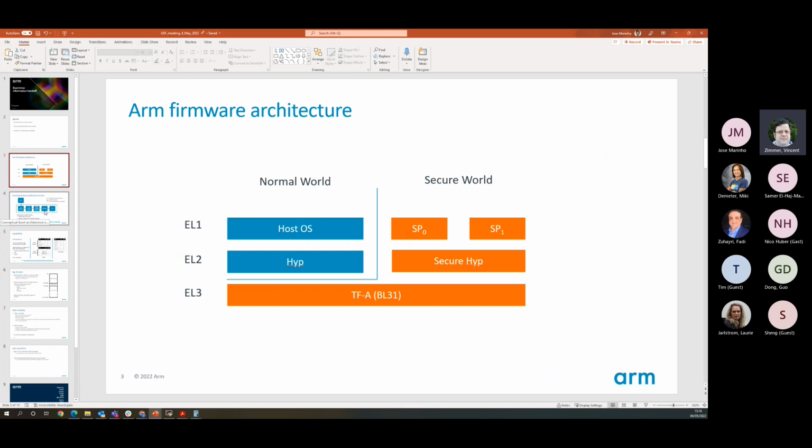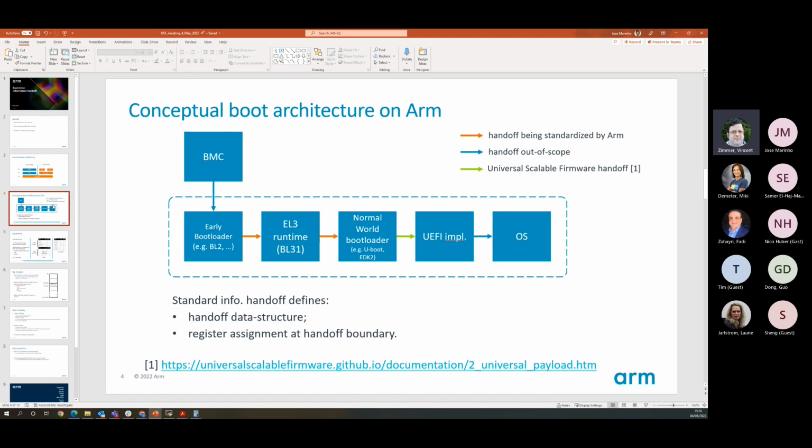Gotcha. And is it optional, or for AArch64 do you have to always do something? Can some vendors omit a BL31, or is it always required for a full boot flow just to make the machine work? It's not required. EL3 as an exception level isn't even mandatory for ARMv8.